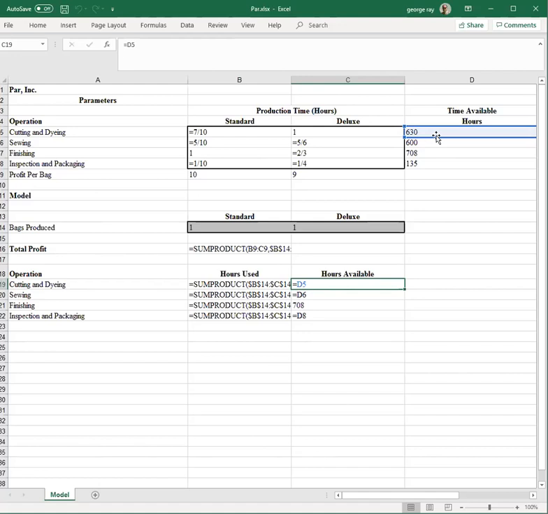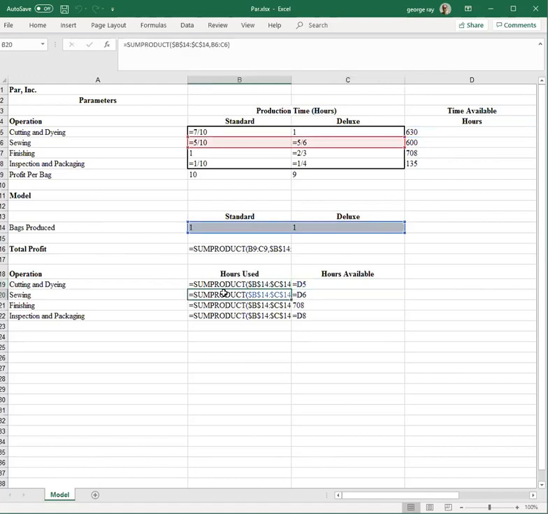It's often convenient to put our constraints in a central location and then refer to them in other parts of the spreadsheet. That way, we only have to change them in the one location. For the other constraints, we do the same thing. We multiply the decision variables times the hours for that particular operation: sewing, finishing, and inspection and packaging.